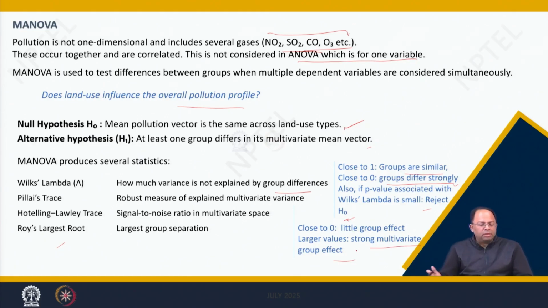Then for the Hotelling-Lawley trace and Roy's largest root, we measure the significance of the signal-to-noise ratio in this multivariate space, or the significance of the largest group separation. If both satisfy the 95% confidence interval rule, we will accept.